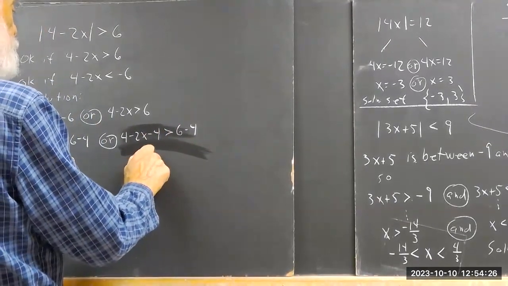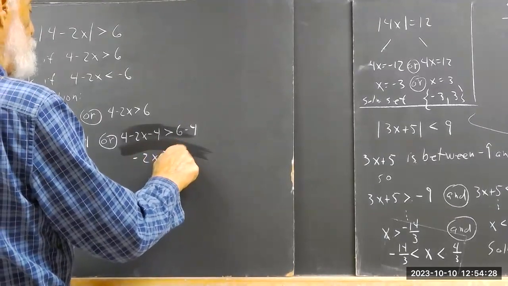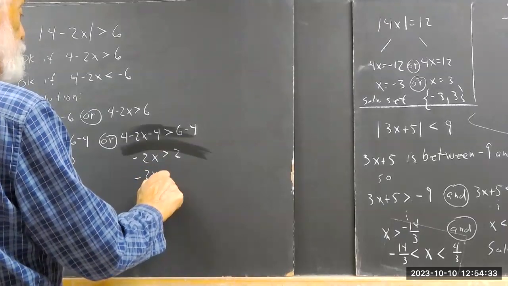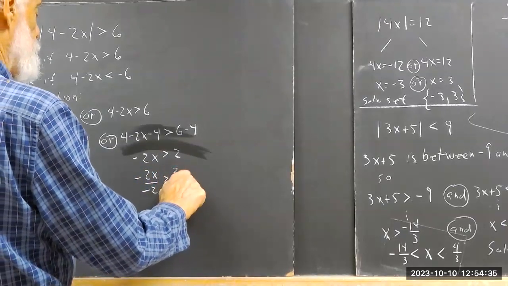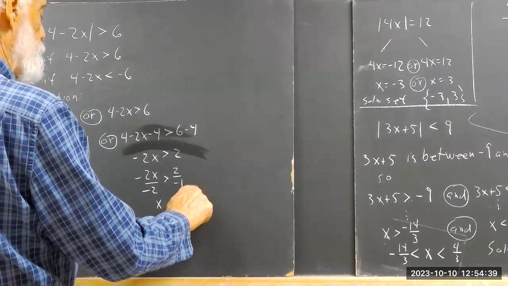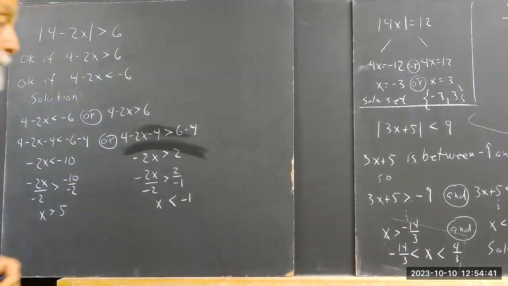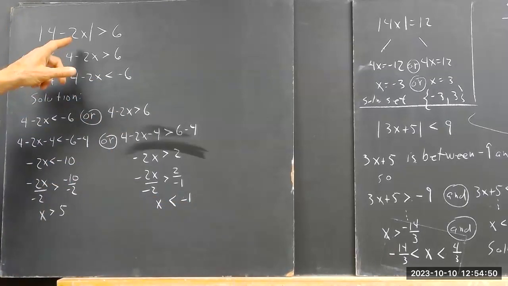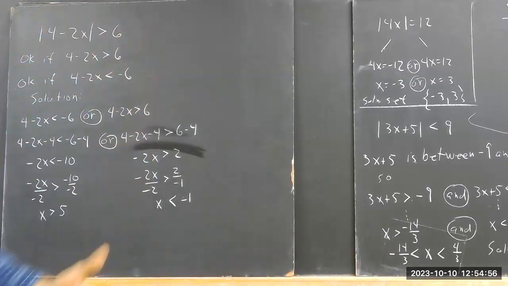Well, that gives us negative 2x greater than 2. Divide both sides by negative 2, and you get x on this side and negative 1 on this side. It's got to be less. X is less than negative 1, we have to reverse the inequality. Now, if x is negative 1, 2x is negative 2, and 4 minus negative 2 is 4 plus 2, which is 6. So that's kind of a check.